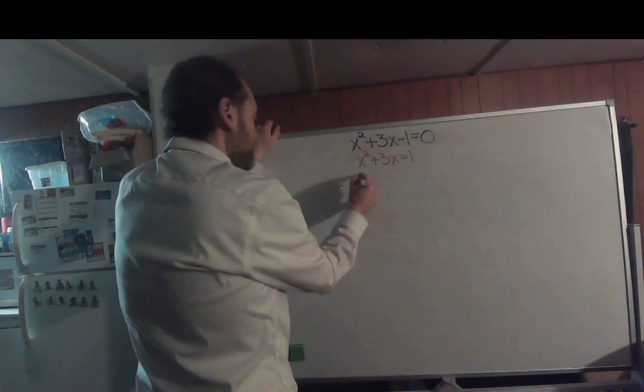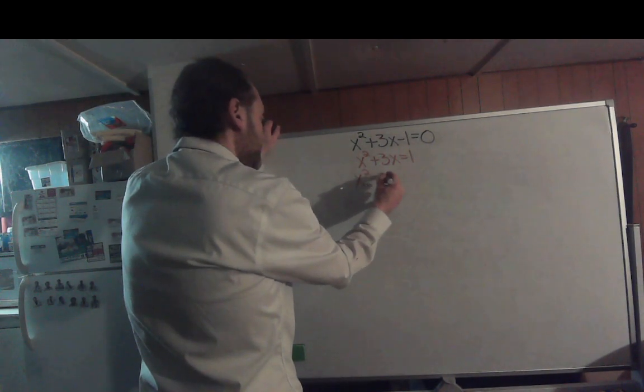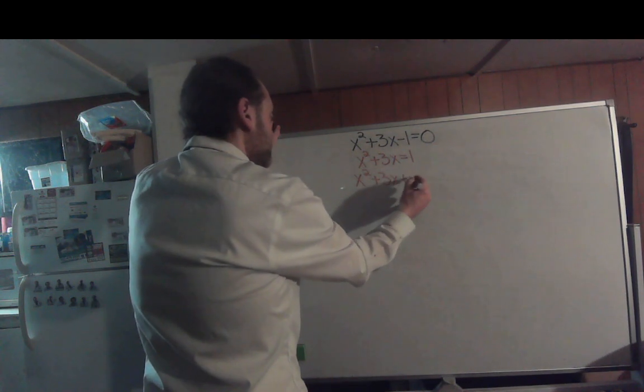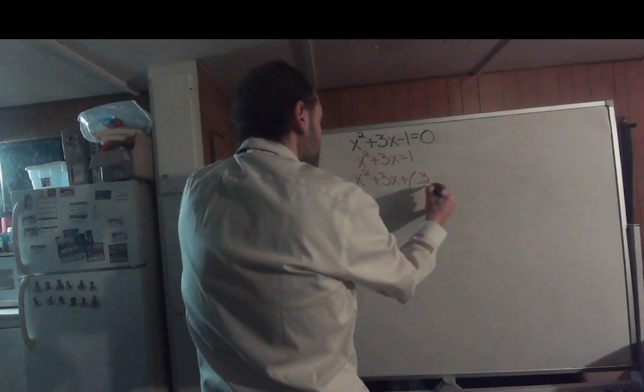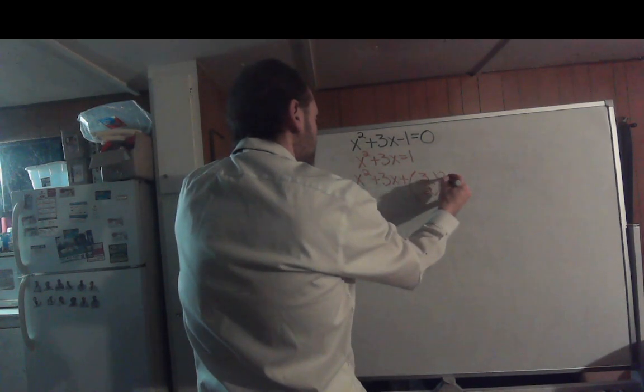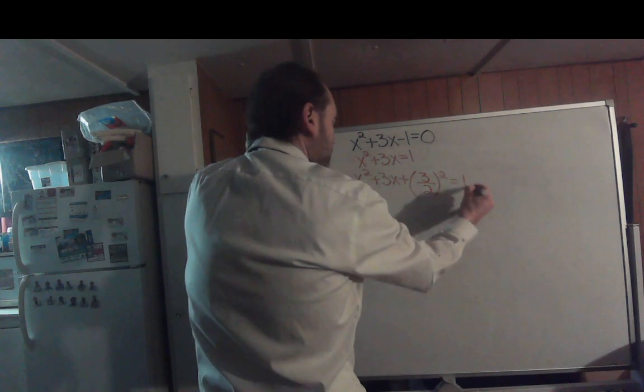Now you're going to take x squared plus 3x plus, now what is half of 3? Well, that's just 3 halves. You'll raise that to the second power. That would equal 1 plus 3 halves to the second power.